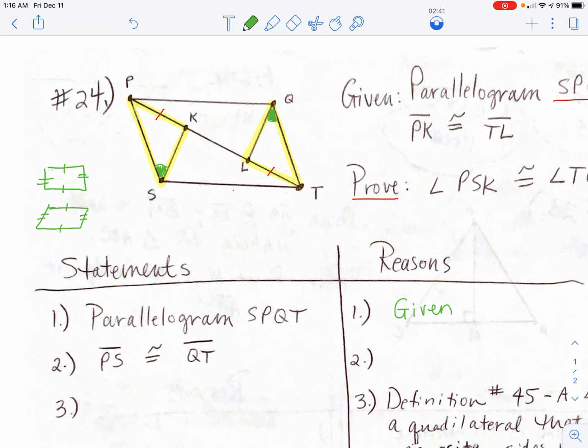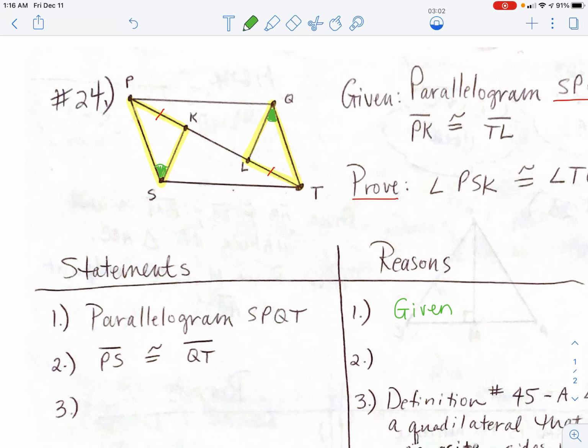Then as I started to slant the left and right sides, it doesn't change the length of any of the sides, so it remains true that the opposite sides are still congruent. Those are some of the parts we learned about parallelograms.